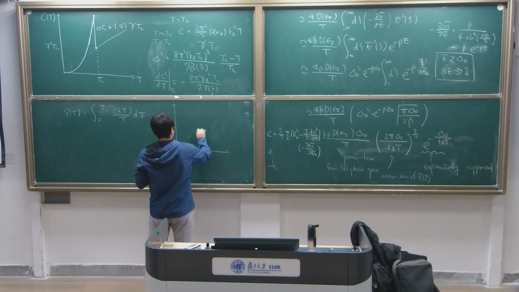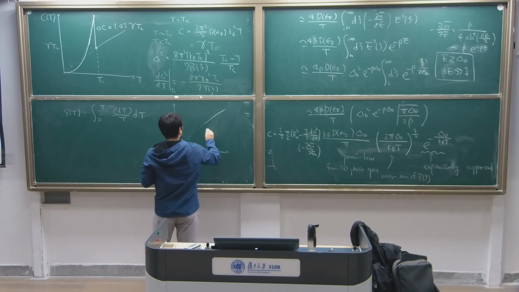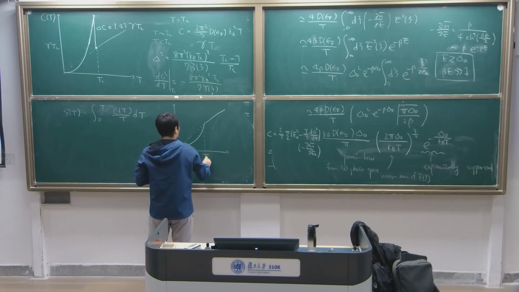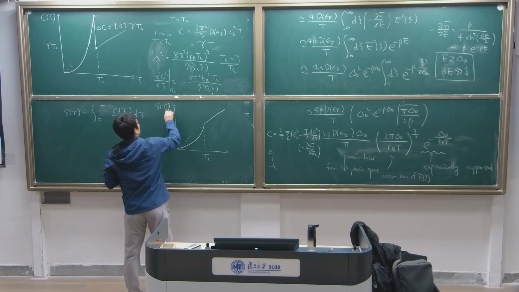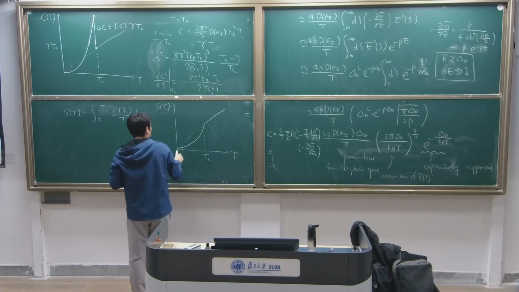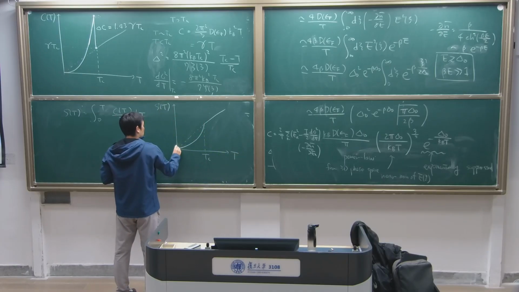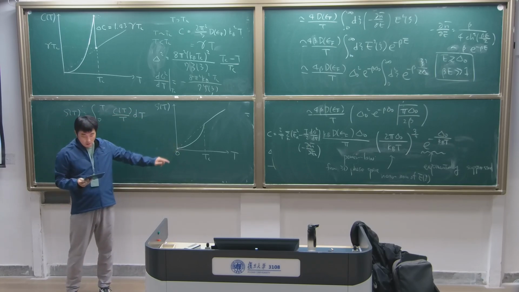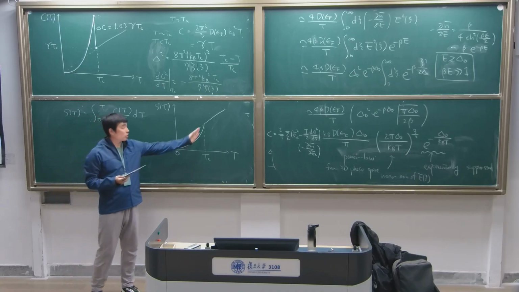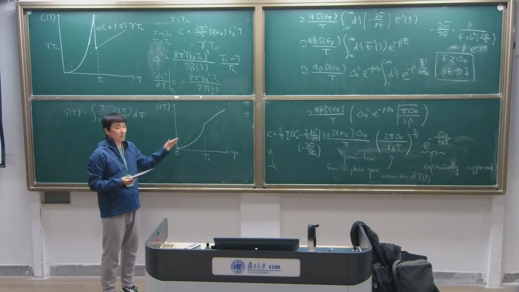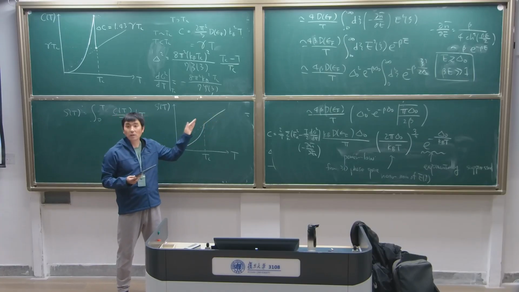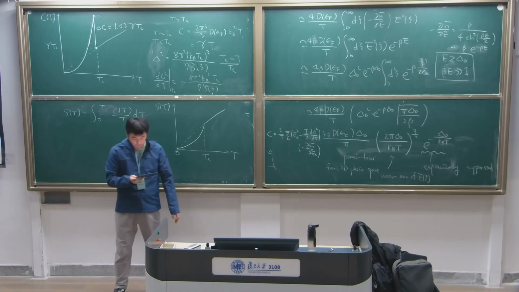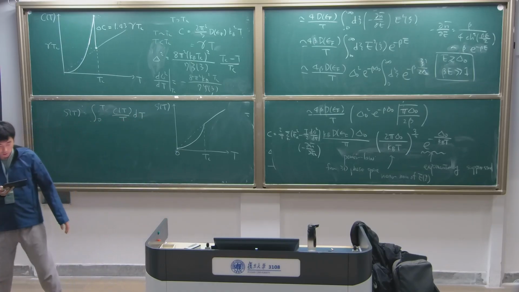So it's a little bit different. Of course, at temperature 0, entropy needs to be 0. But the growth with temperature is just lower than the ordinary value. That's one.